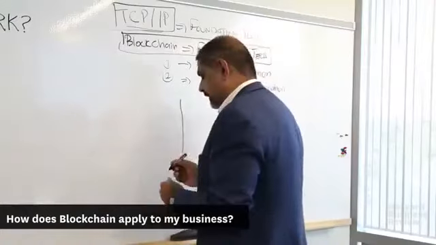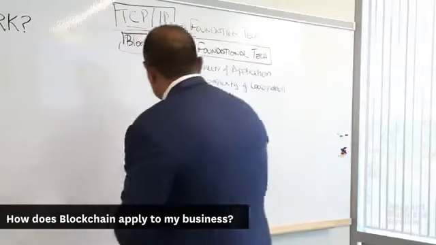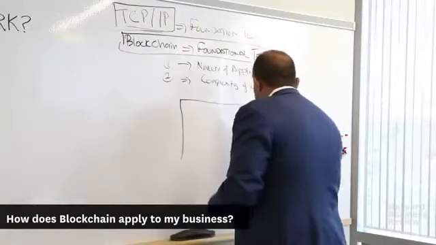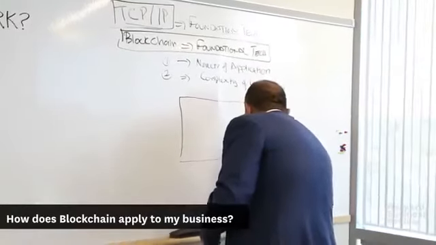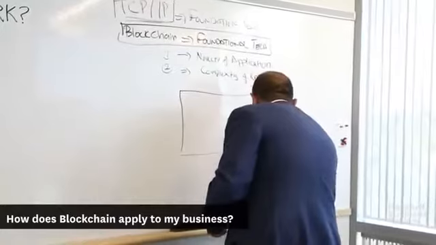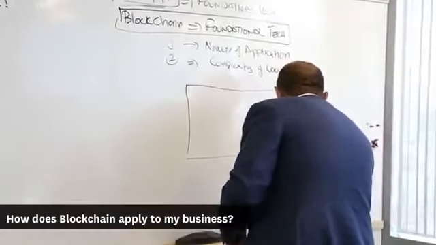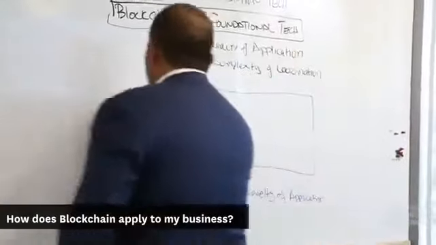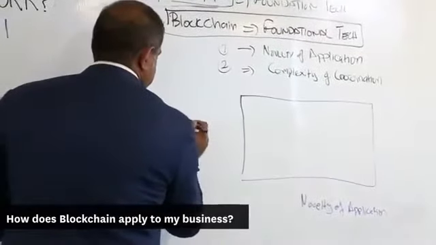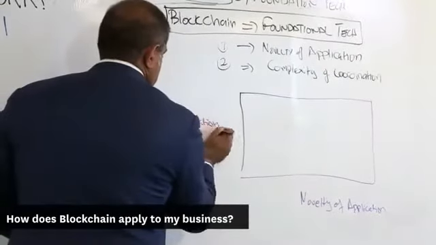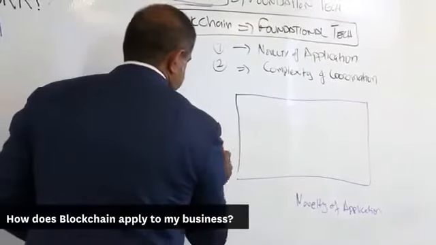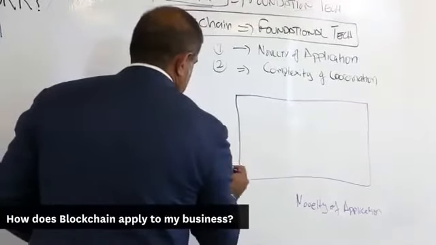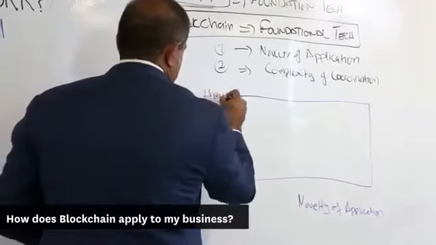So here's my 2x2, right? And the 2x2 basically looks at novelty of application, and coordination complexity. And then we can think of this as low or high, right?